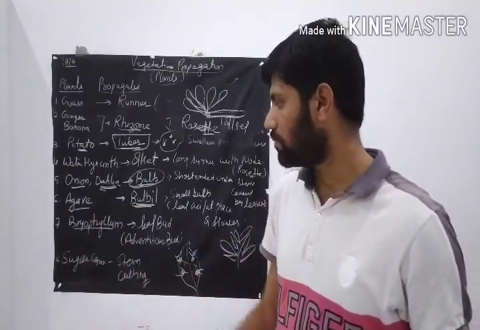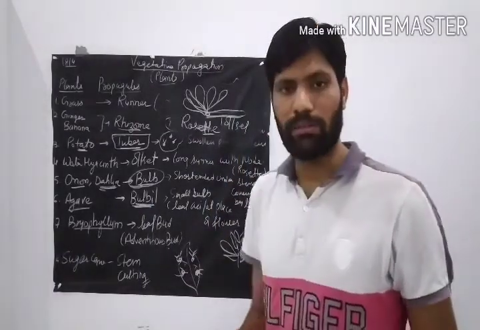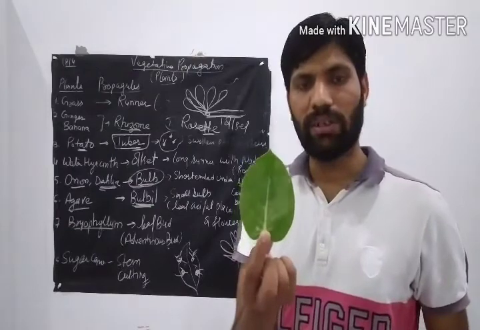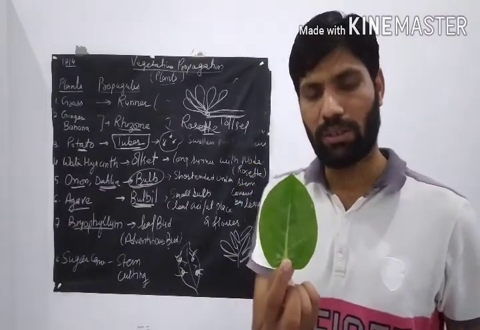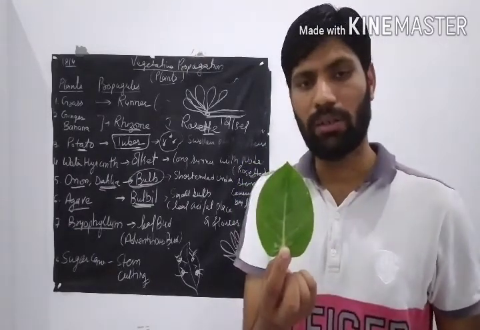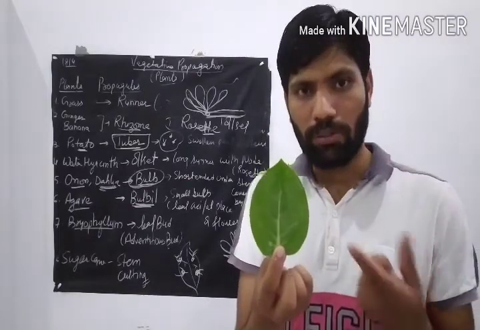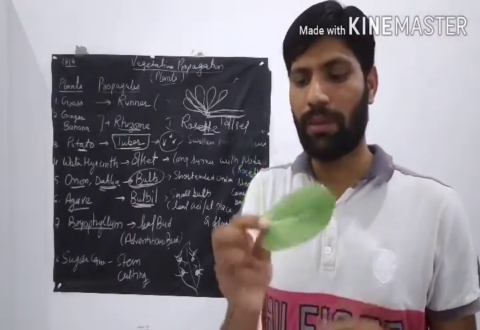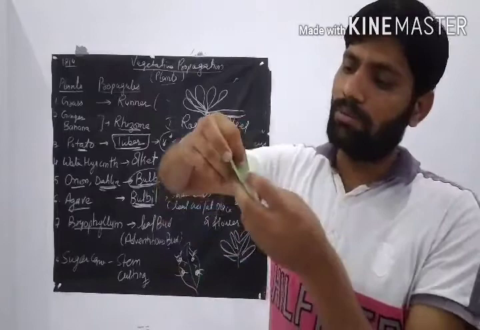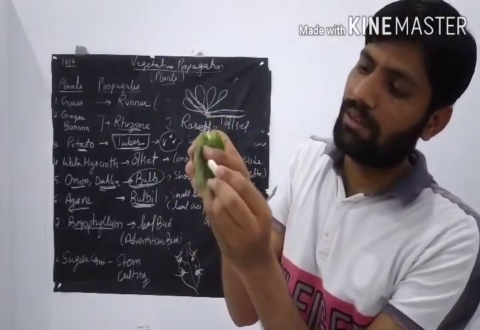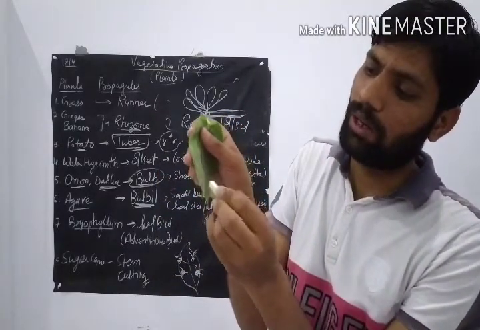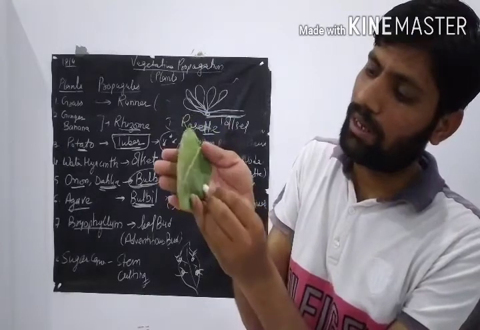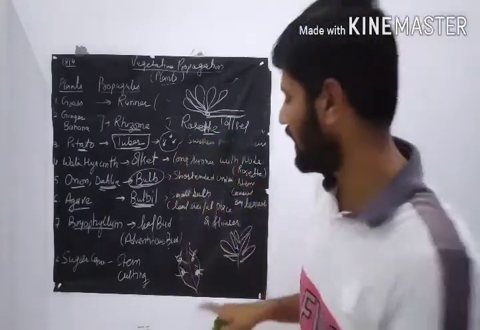Next is the case of bryophyllum. In bryophyllum, there is a formation of buds. See this leaf. This leaf is of Calotropis, a milkweed, not of bryophyllum, and I don't have bryophyllum, that's why I have taken this. So in bryophyllum, this is the margin or notch of the leaf, and here some buds grow like this.